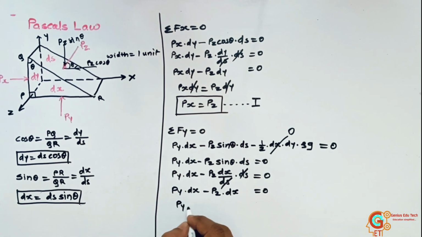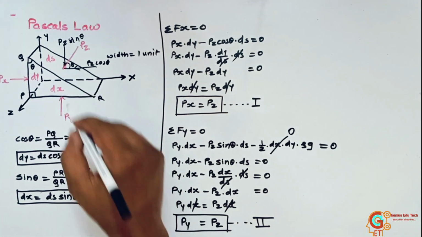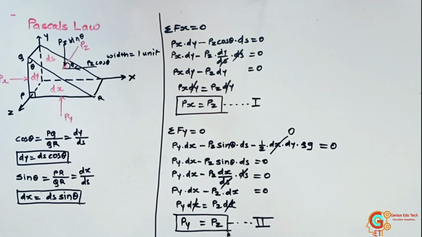Further I can write Py dx is equal to Pz dx, dx is cancelled. I get Py is equal to Pz. Let us make this as equation 2. This means intensity of pressure in y direction is same as intensity of pressure in z direction, right?